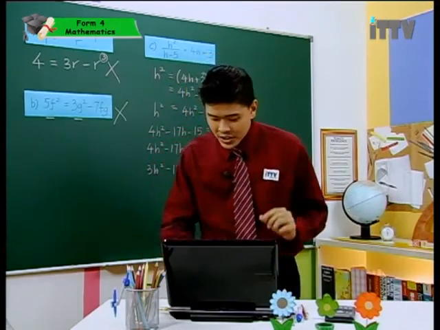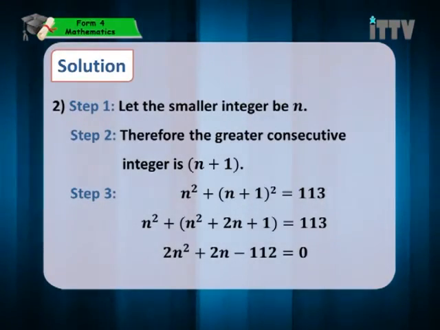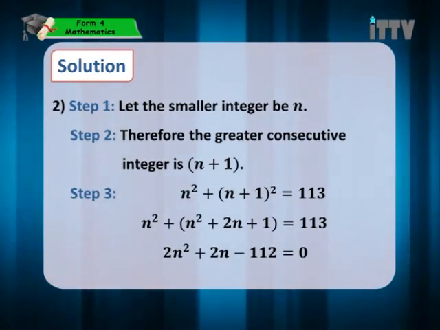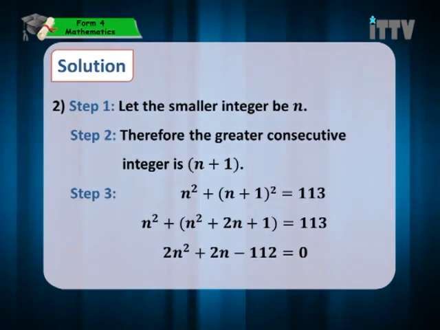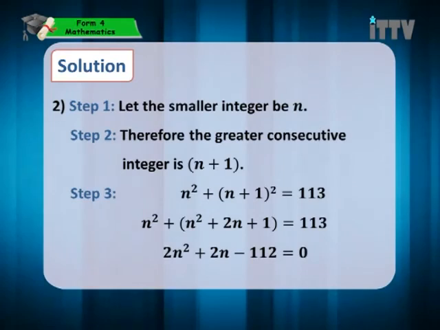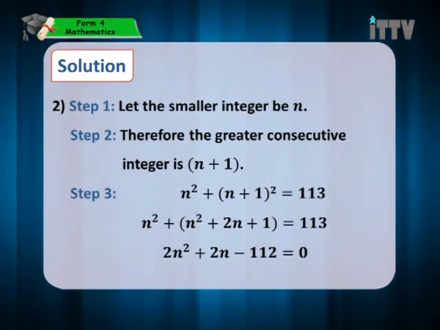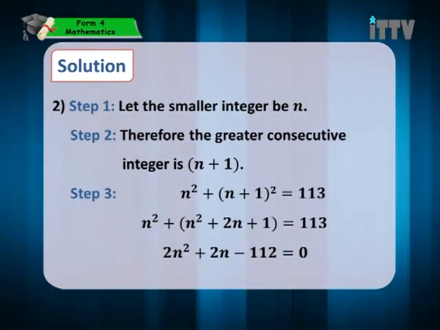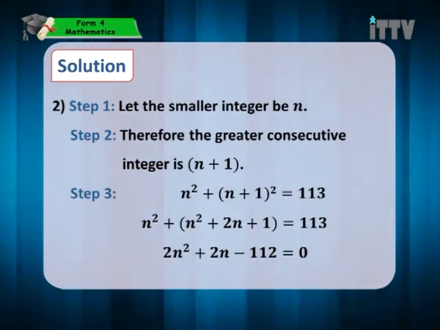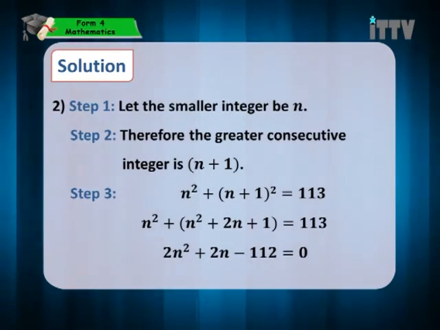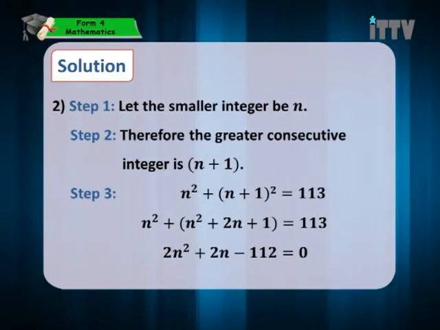Alright, and for question 2, here are the steps of the solution. Step 1, let the smaller integer be n. In step 2, therefore, the greater consecutive integer is n + 1. In step 3, make an equation based on the given information.